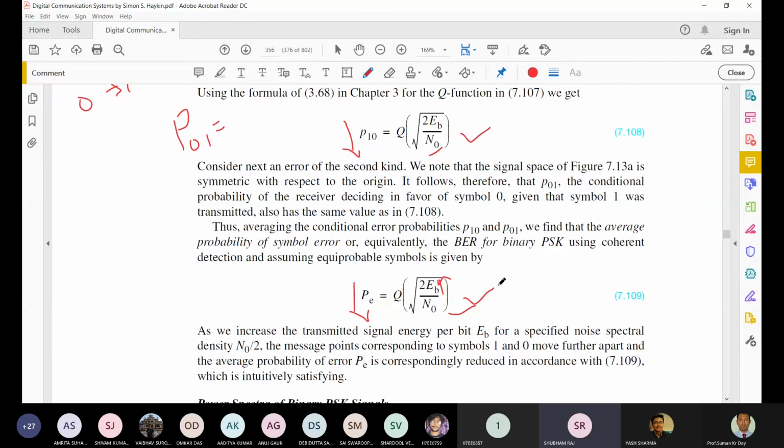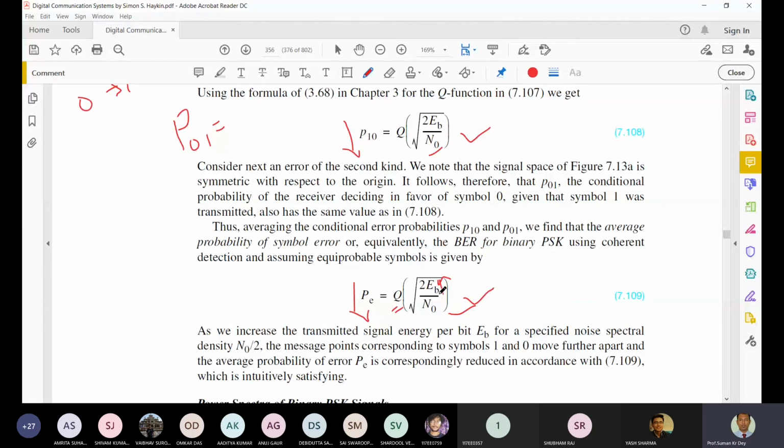Okay. So the probability of error means the probability of getting an error, where we are sending 0 and getting 1, or sending 1 and getting 0. So this value will reduce. It is not a linear function because there is a Q function.